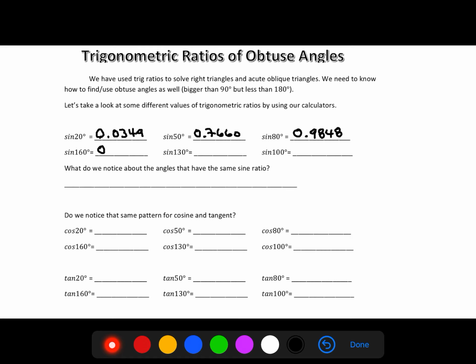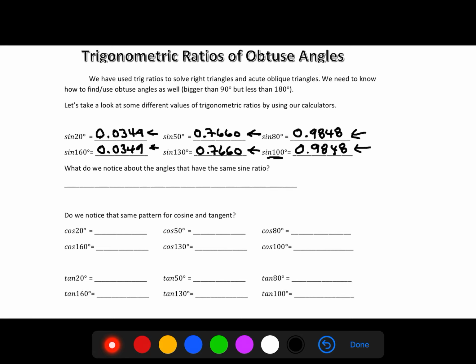Sine 160, so getting into our obtuse angles, is 0.0349, sine 130 is 0.7660, and sine 100 is 0.9848.